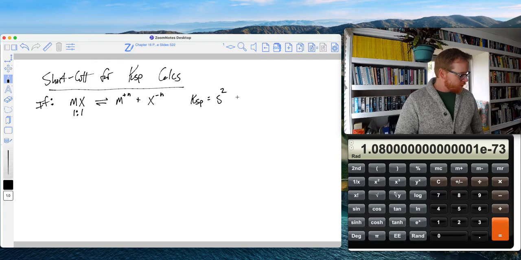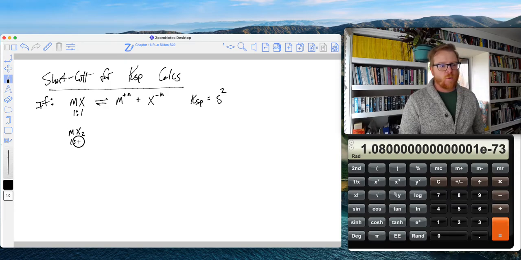Now, what if I have a 1-to-2 solid? Something like this, 1-to-2, or I could even have 2-to-1, either scenario.